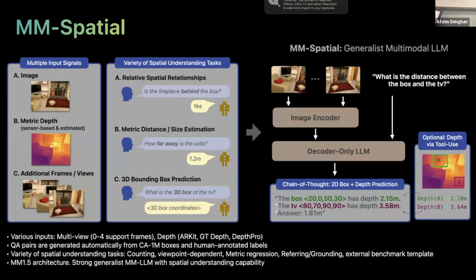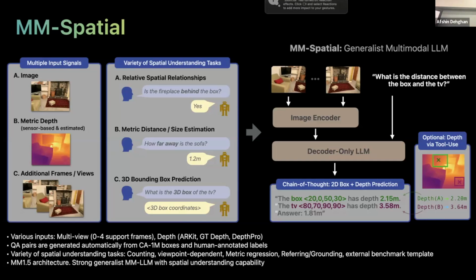We want to do counting, and we also leverage external benchmark templates and references to make sure that we are not overfitting to some specific type of question and are as generic as possible. Then we did a lot of ablations at different sizes of the multimodal LLMs. The model that we use here is one that we built in-house, based on the MM1.5 architecture.